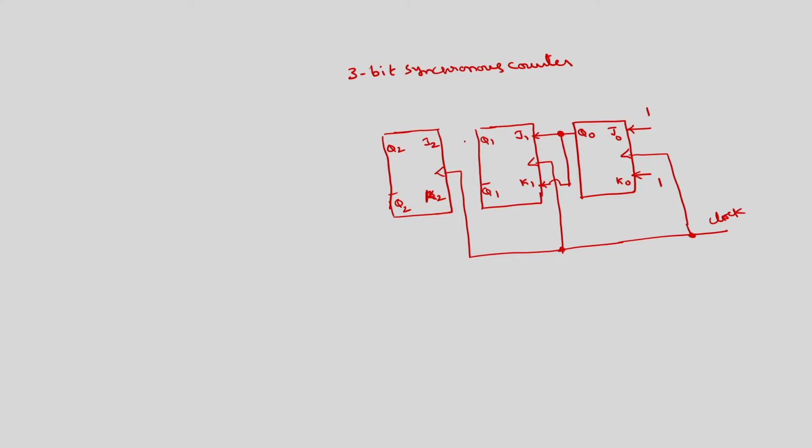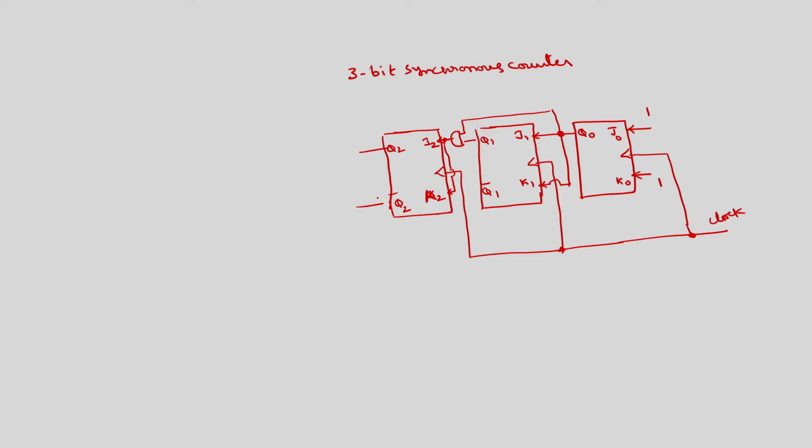So this Q1 and this Q0 you have to connect through the AND gate, and this output you have to connect to J2 as well as K2. This is the complete circuit diagram of a 3-bit synchronous counter.